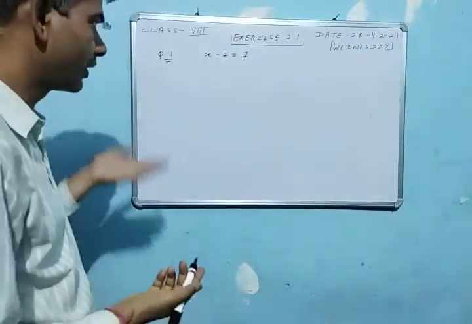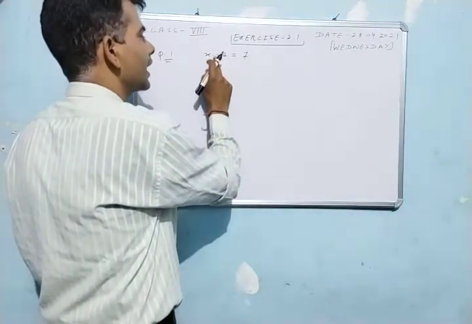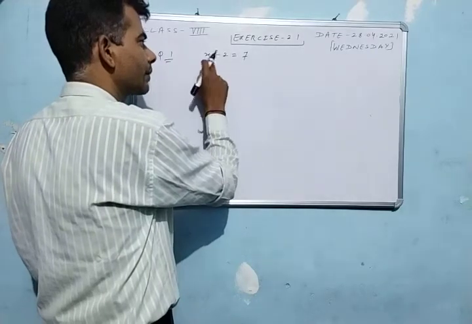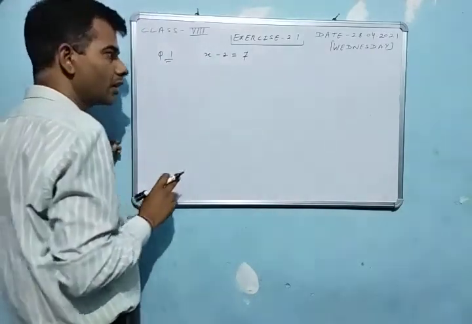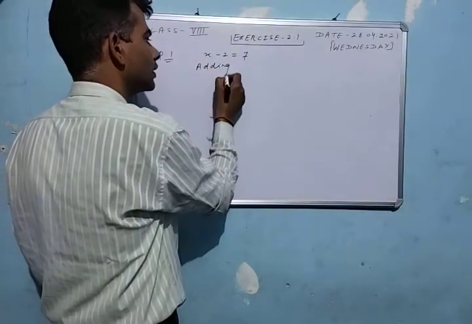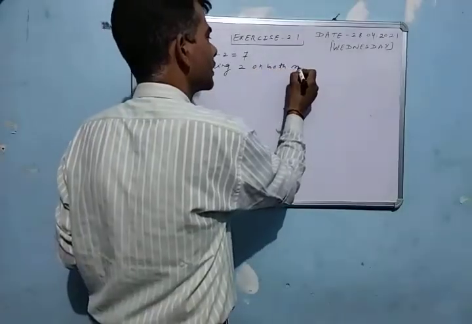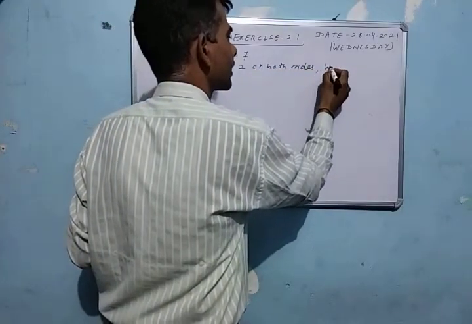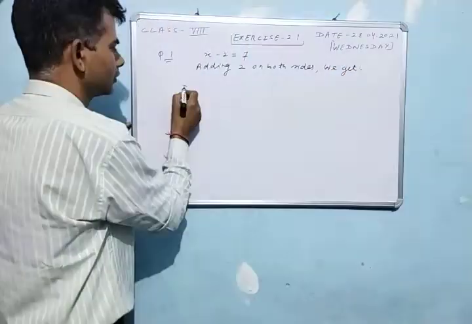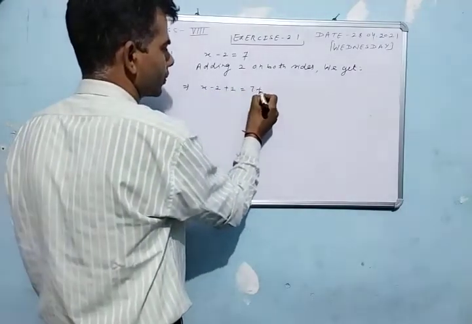Now the second method. Students, here minus 2 is subtracted from x. Now adding 2 on both sides we get x minus 2 plus 2 and 7 plus 2.